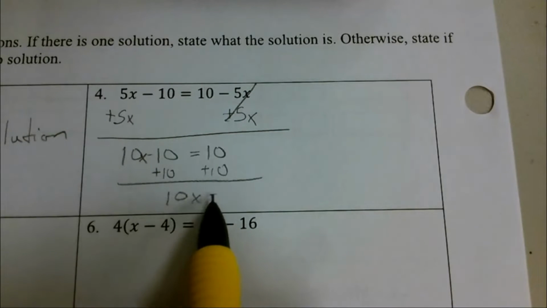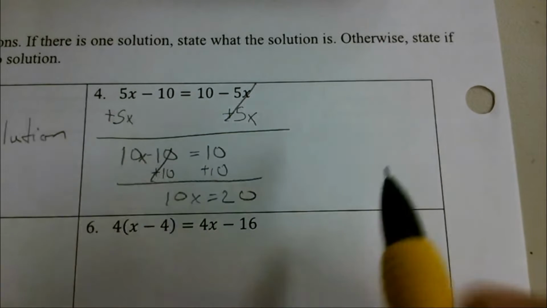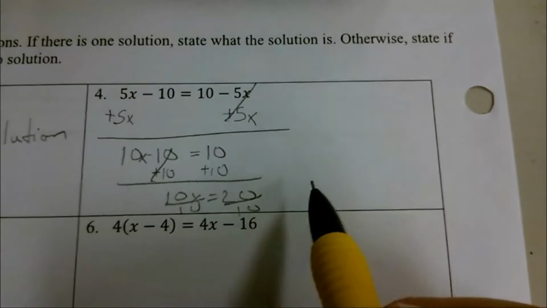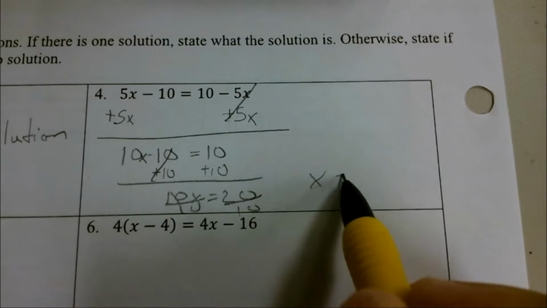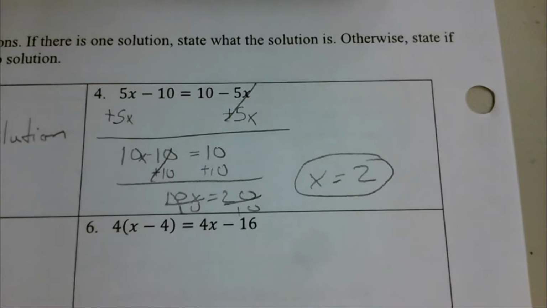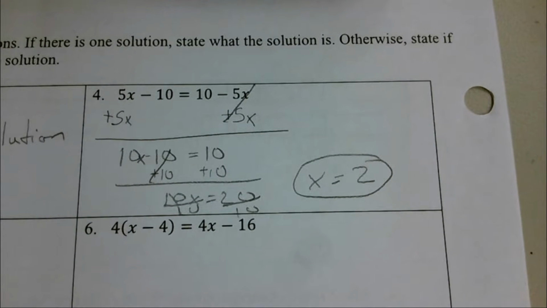I get 10x equals 20. Divide by 10 on both sides. So these cancel. I'm left with x equals 20 divided by 10 is 2. So this one has one solution. X can only be 2 to make this equation true.